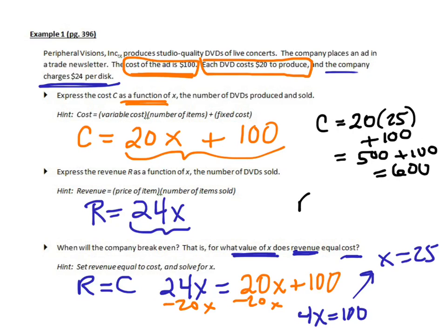And then their revenue earned from selling those 25 DVDs would be 24 times 25, substituting in 25 for the X, and that also gives us $600. So that's a way that you can check. Just substitute your answer back in for X in cost and revenue and see if they turn out to be the same.